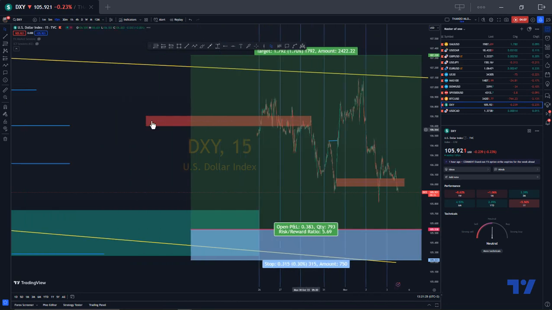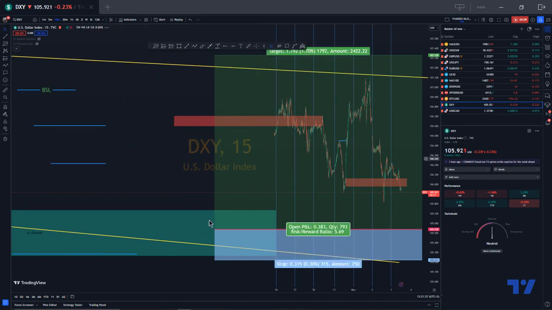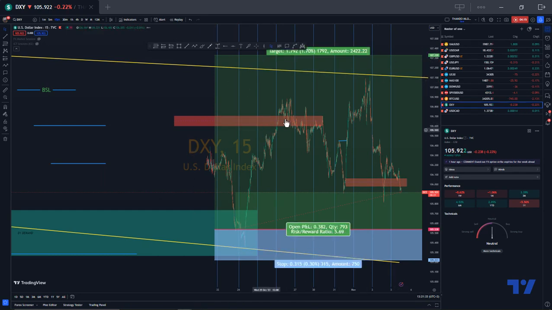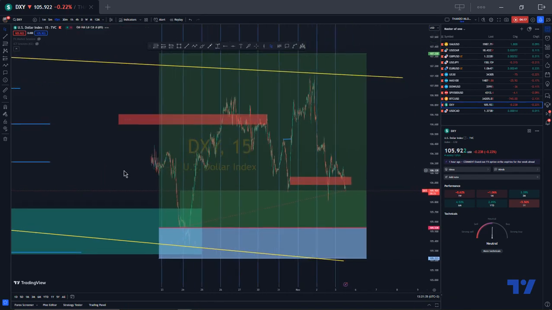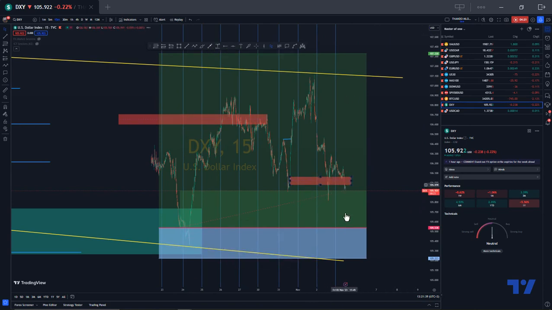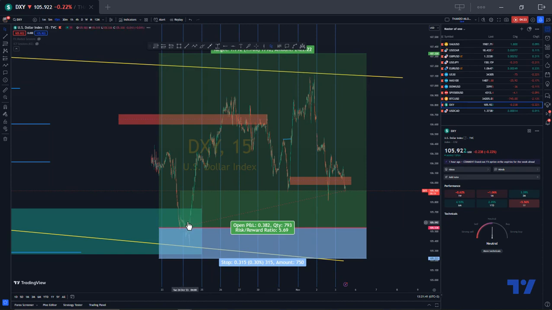DXY, this is a position I've had for quite a while. We'll see how that pans out, whether it's still going to continue going up or it's going to tap down into this zone over here, filling up the gap and going back up.